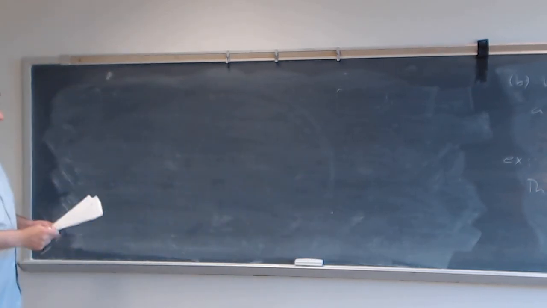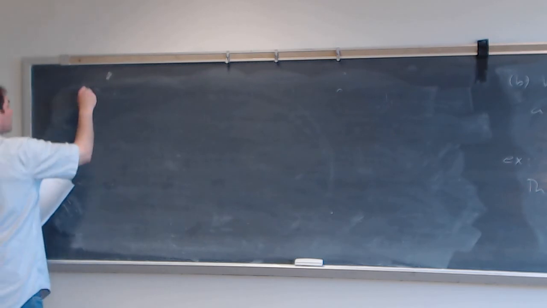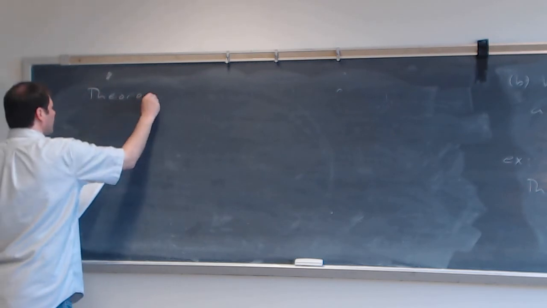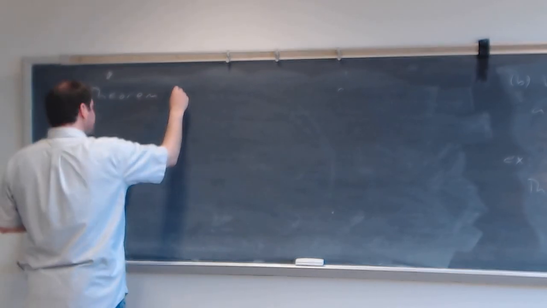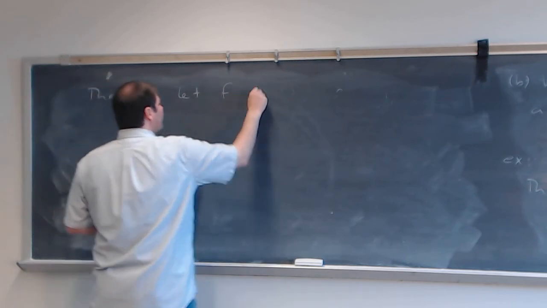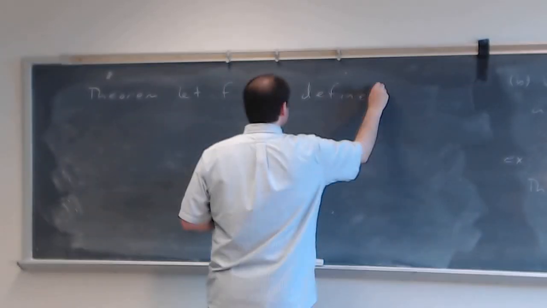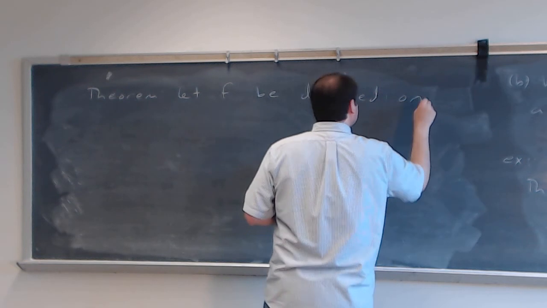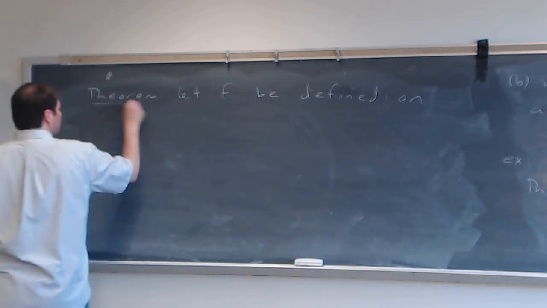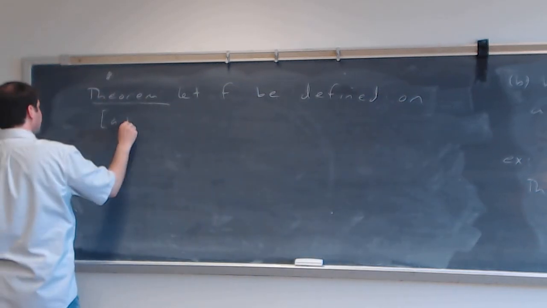Okay, next thing we want to do is list the theorem. It says let f be defined on the closed interval from a to b.